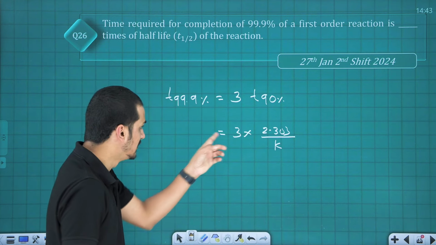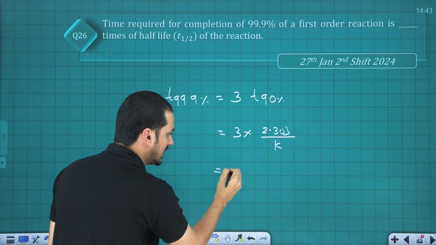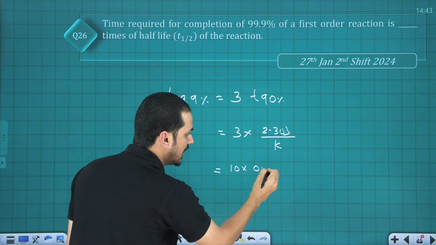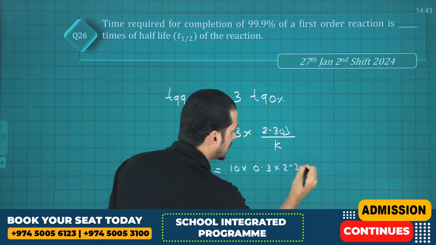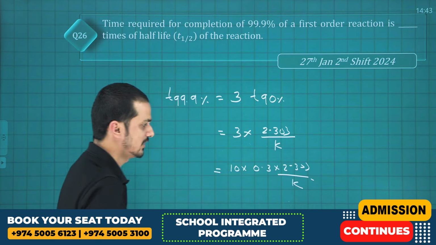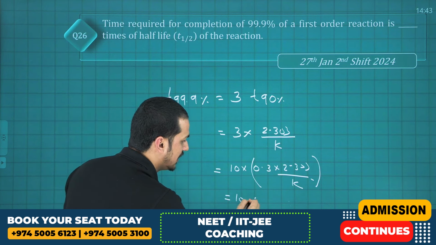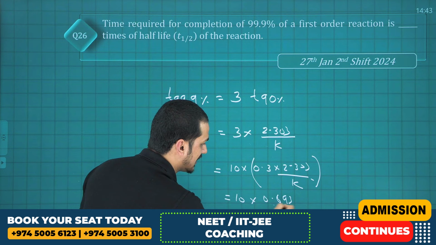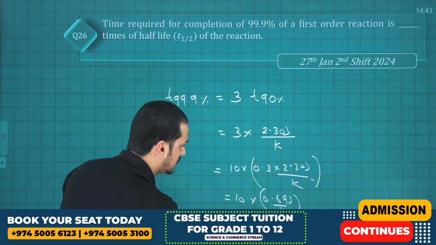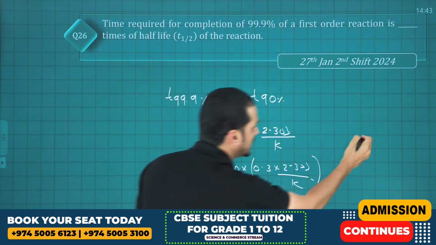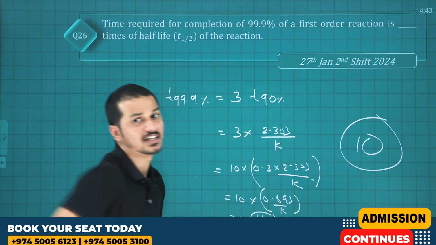This one I can write as 10 into 0.3 into 2.303 by k approximately. If you multiply, 10 into 0.693 by k, so 10 into t half. So our answer is what? 10 is our nearest integer.